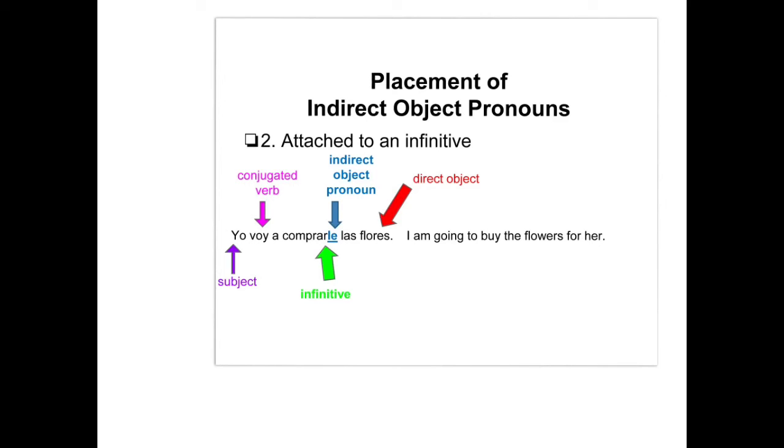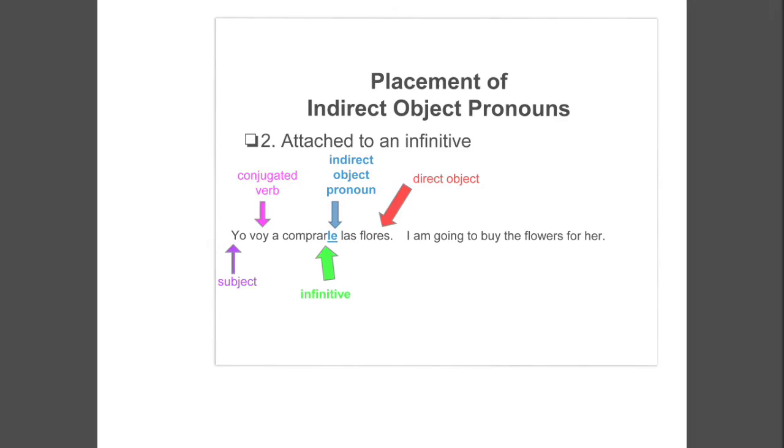I can either attach my pronoun to the infinitive, like the example provided, yo voy a comprarle las flores, or I can place my pronoun before the conjugated verb. So another way to say the same sentence would be yo le voy a comprar las flores.